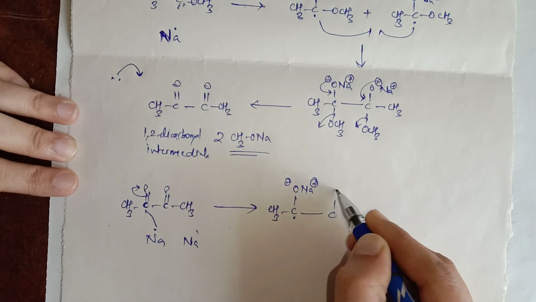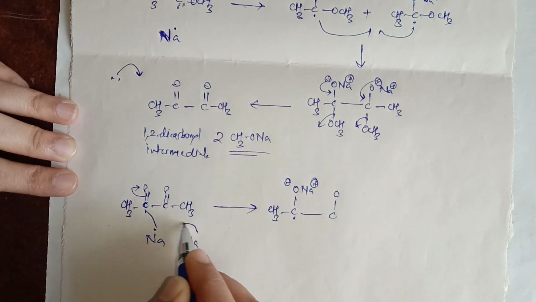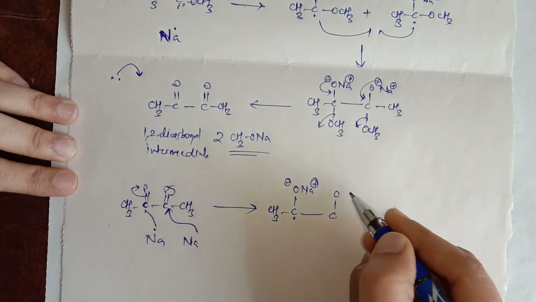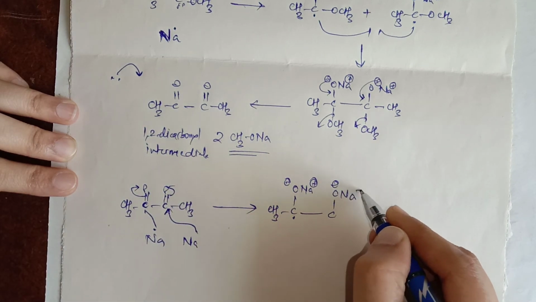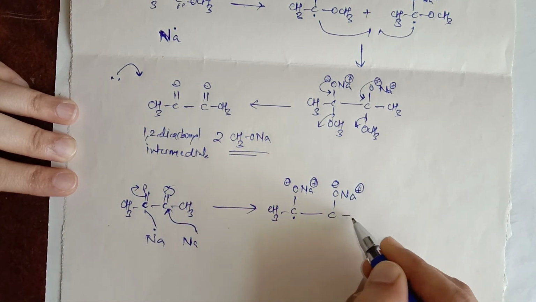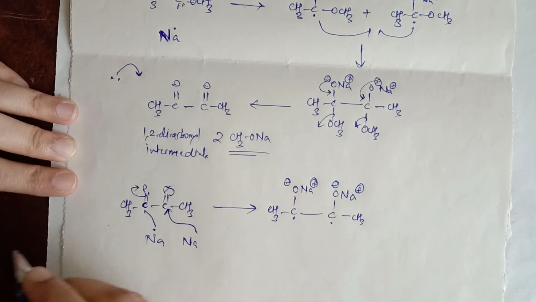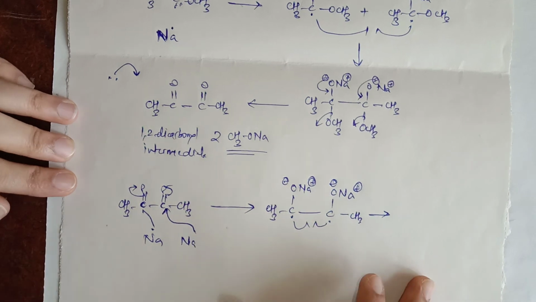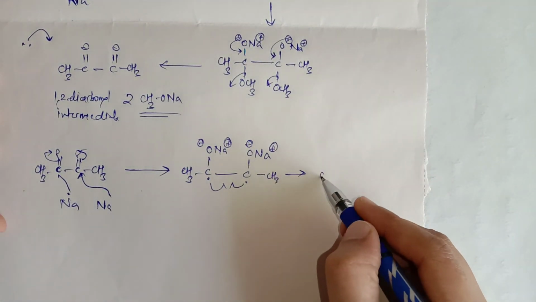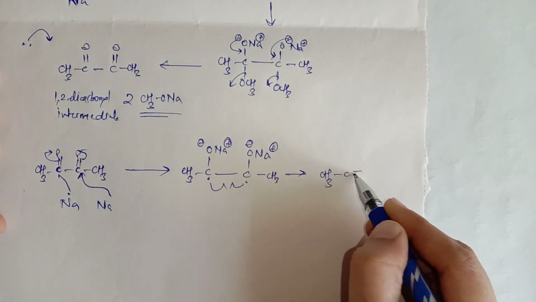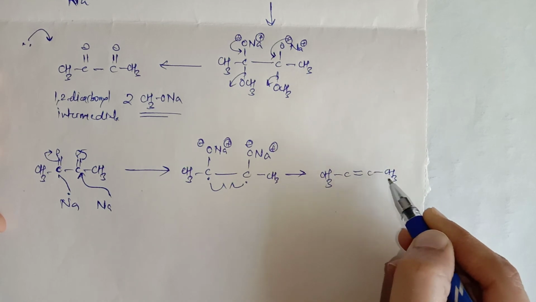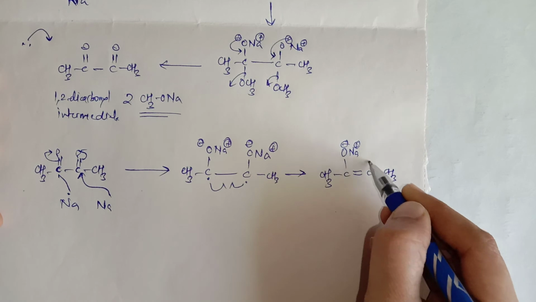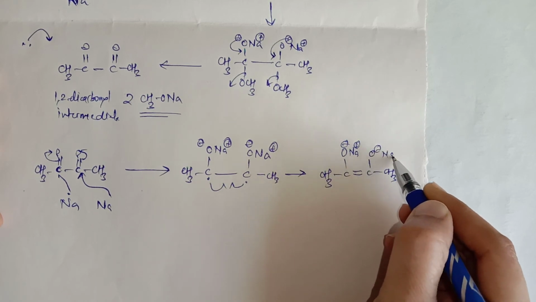Again, with a one-headed arrow, this electron will shift here, so you will get O minus Na plus and CH3 as it is, and a radical, right? Now again this radical and this radical will make a bond, and you will get a species like CH3, C double bond C, CH3, remaining structure as it is, O minus Na plus, and here also O minus Na plus.